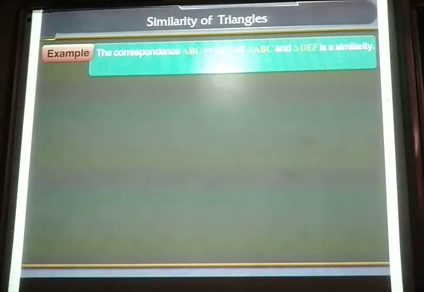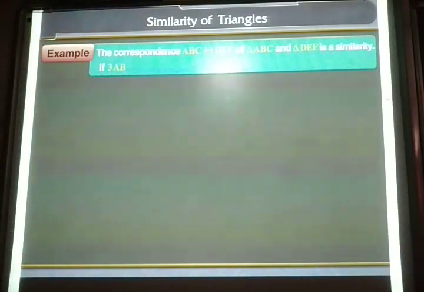Let's solve another example. The correspondence between ABC and DEF of triangle ABC and triangle DEF is a similarity.